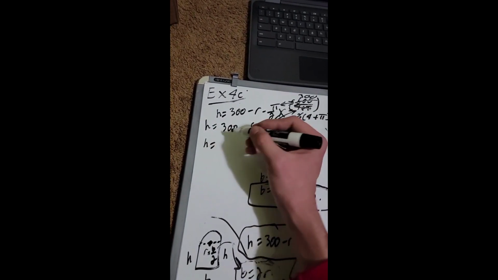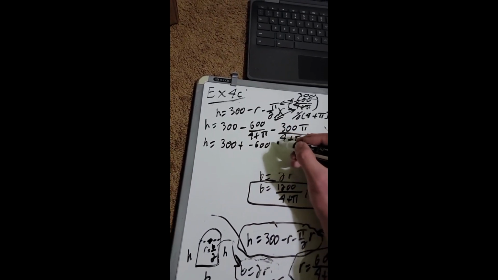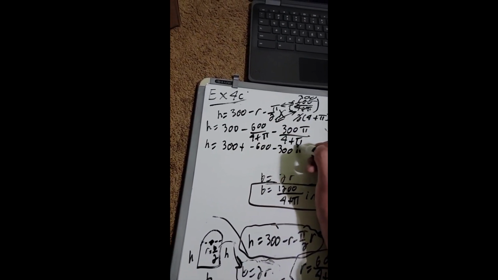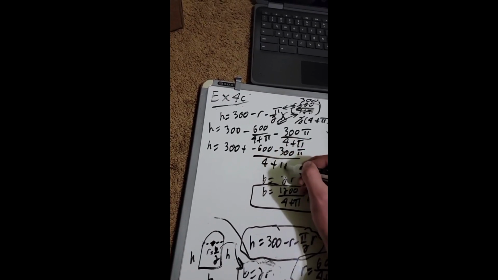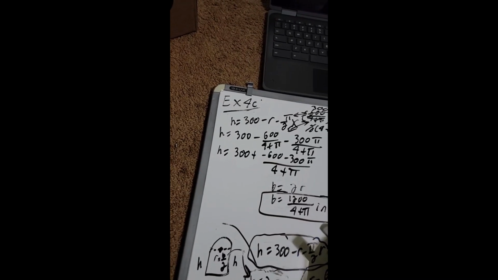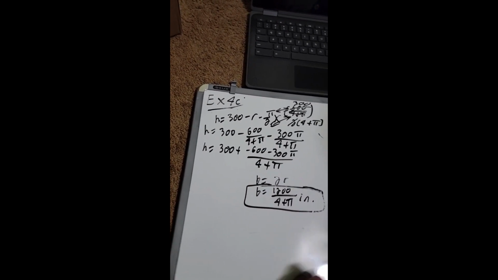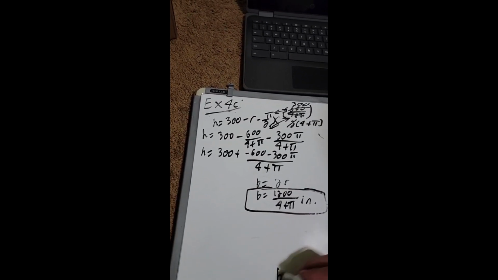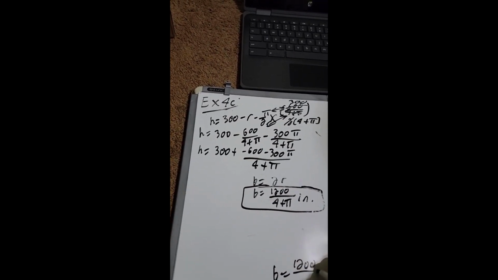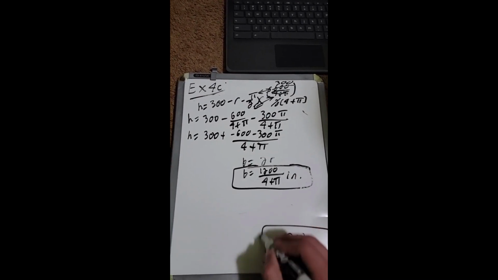So in this case, it's pretty simple. 300 plus negative 600 minus 300 pi over 4 plus pi. All right, this is an answer. So I'm going to actually give it the honor of being written again. 1200 over 4 plus pi inches.